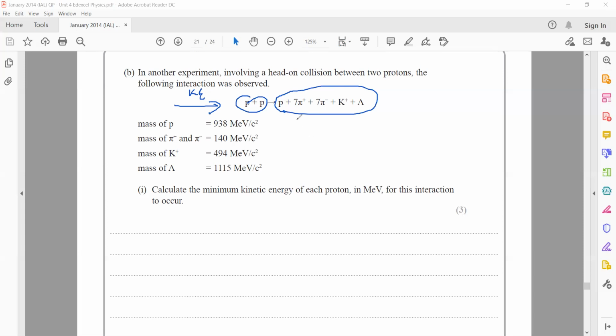Simply, we have to find the total energy required for the production of the product, and we know the total energy which is available from the reactant, the two protons. When we take the difference, we will find how much kinetic energy is required for this interaction. Is it clear?